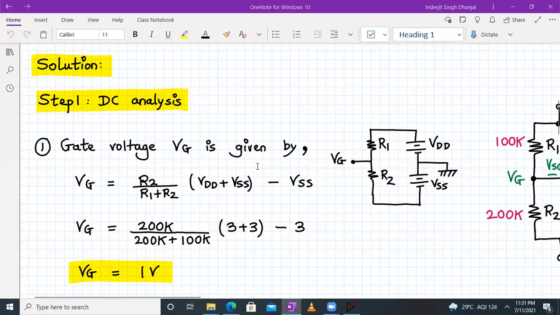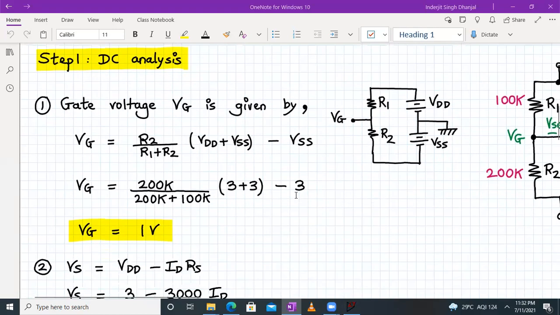From here, the gate voltage can be given by VG is equal to R2 divided by R1 plus R2 times the total supply voltage, that is VDD plus VSS, minus VSS. Now, why do we write minus VSS? Because gate voltage is measured with respect to ground, and when you measure the gate voltage with respect to ground, we have to consider minus VSS also.